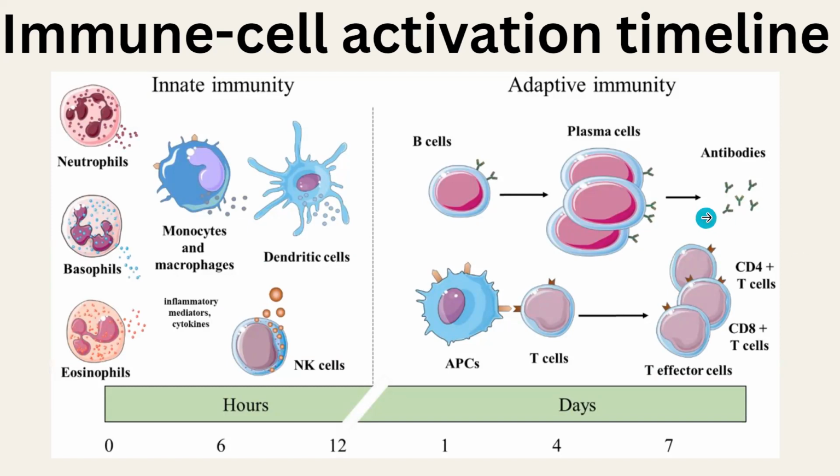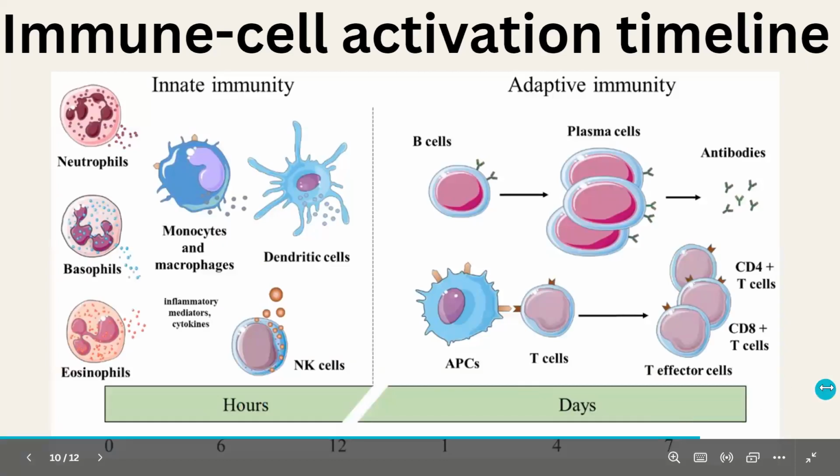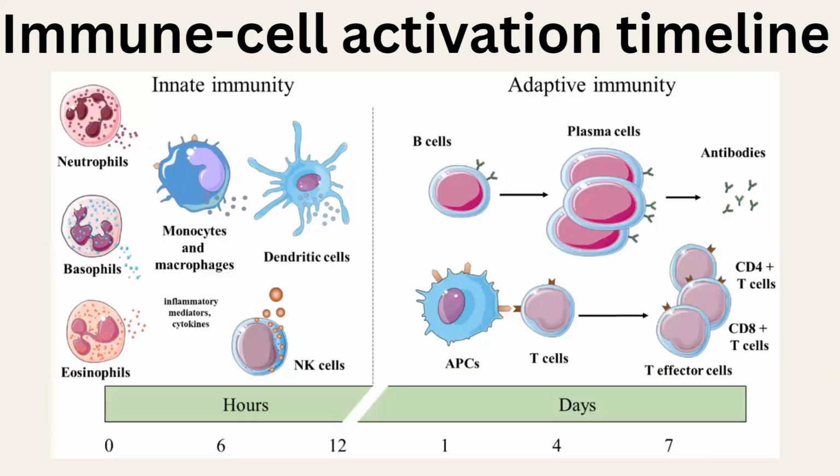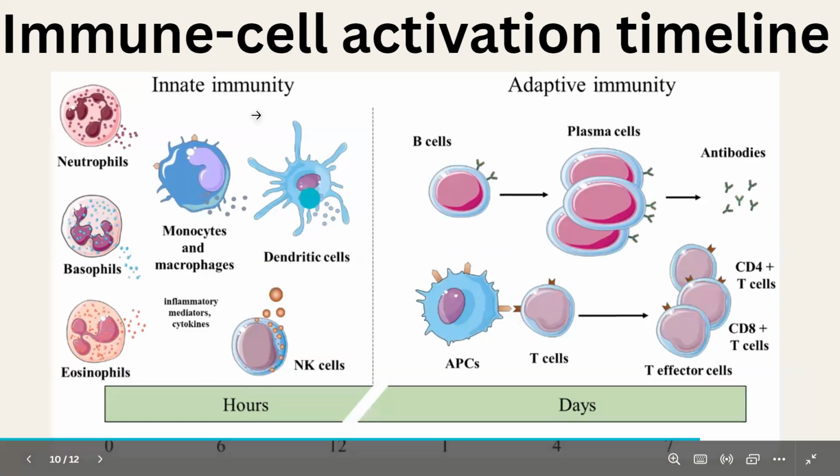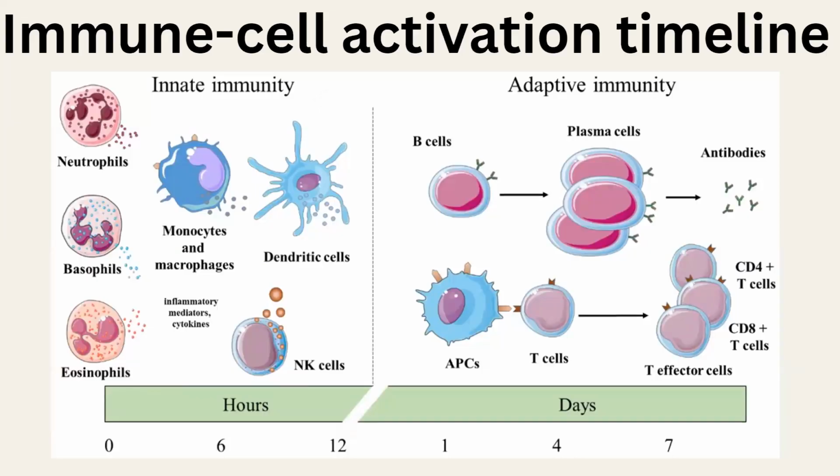Okay, this just gives a little bit of a timeline of how our innate and our adaptive immunity responds. As we said, our innate immunity, or our non-specific immunity, is going to be the quicker response. These are some examples of our white blood cells that are going to be phagocytes that are going to be either in the tissue or attracted to the tissue where the infection is happening to try to start the inflammatory process.